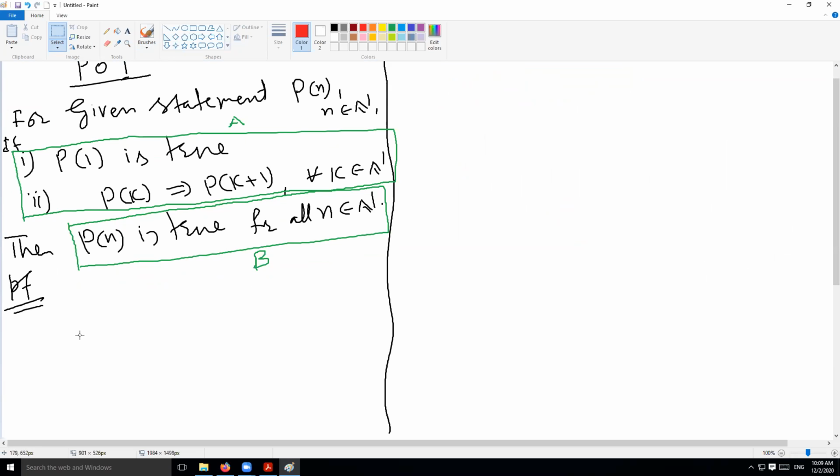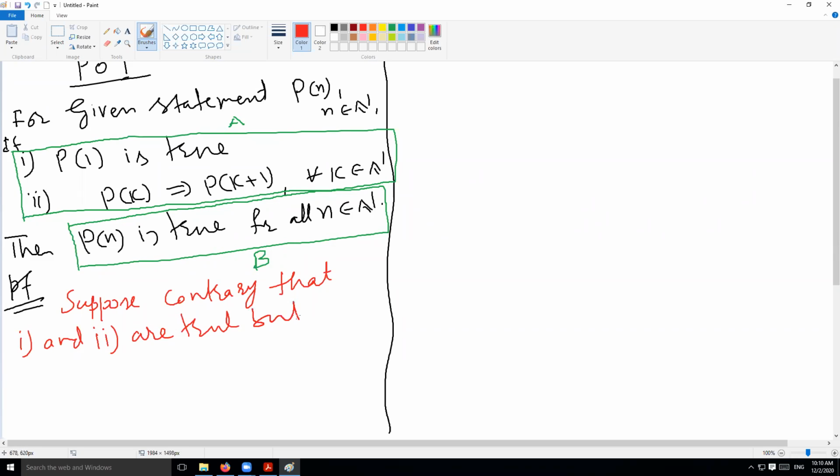So I'm going to say, suppose contrary that the statements 1 and 2 are true. But by the way, what would be the negation of this part B? Can someone tell me the negation of B?